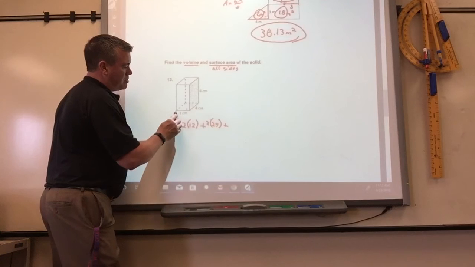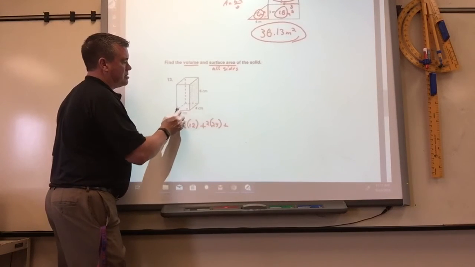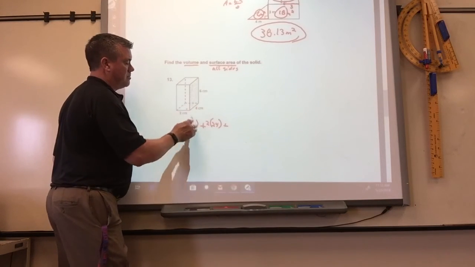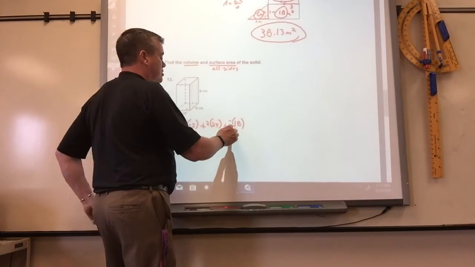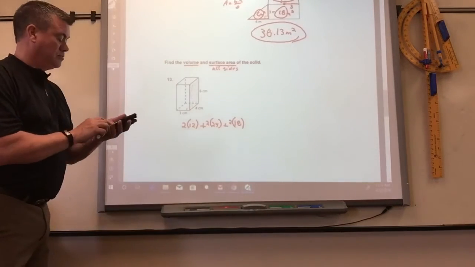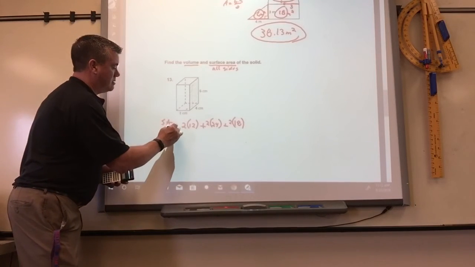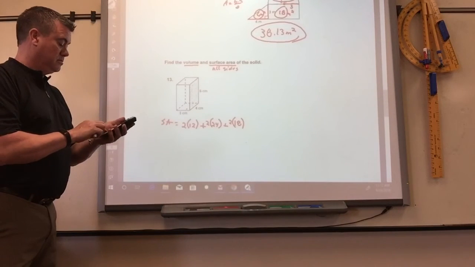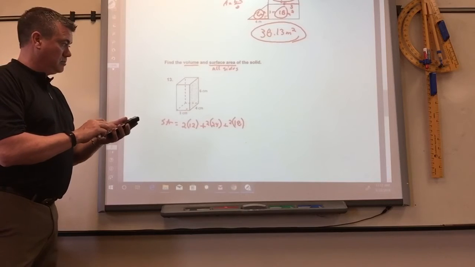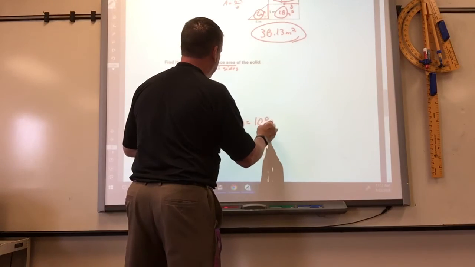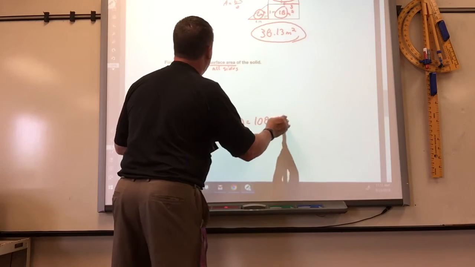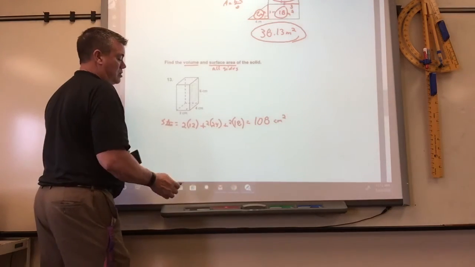And then the one I got left is the front, is a 3 by 6, because that's 6, so this is 6. 3 by 6 is 18, and there's 2 of them. So this is surface area. So that's 108 centimeters squared. Again, area is the unit squared.